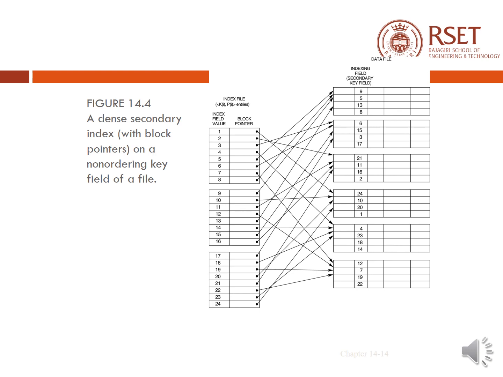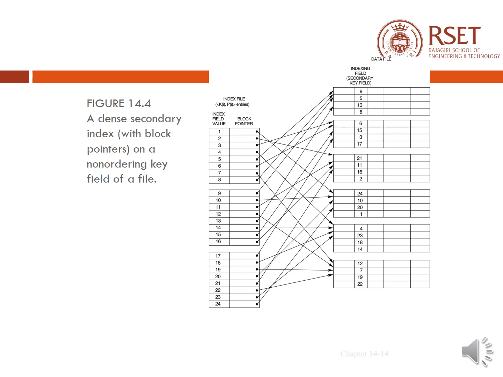After one pointer, I will point this 10. Next one is 20 in this same block. 20 will be pointing to this one, and 24 as well. So here you can see this is a key attribute that is unique itself, but it is not an ordered one, because the file is ordered based on the primary key value.